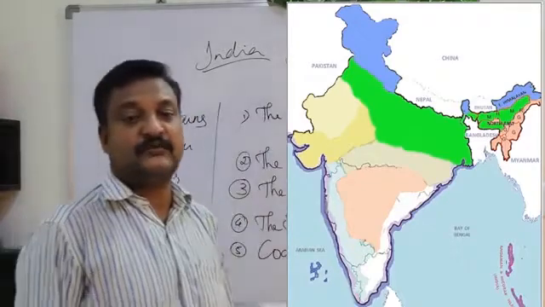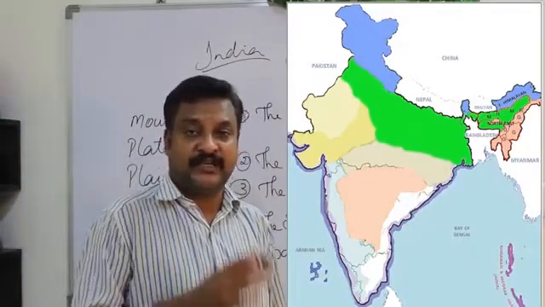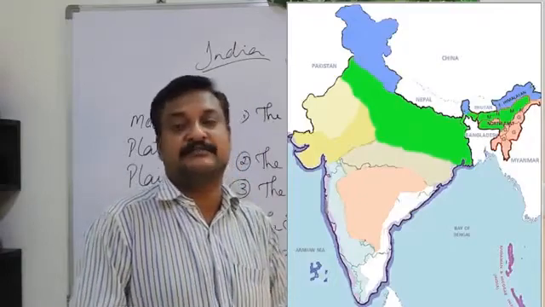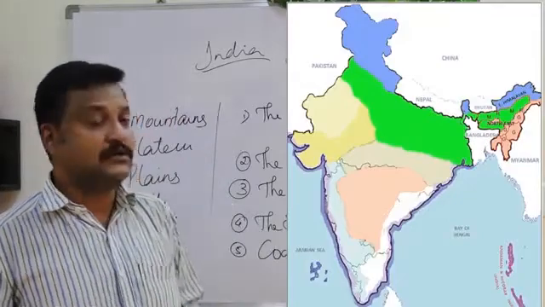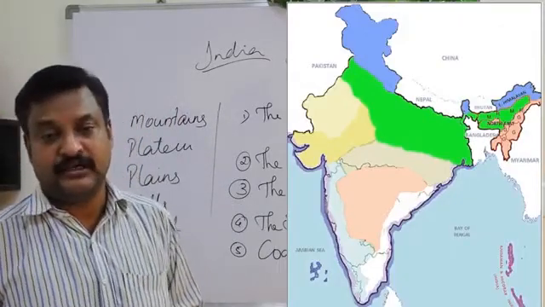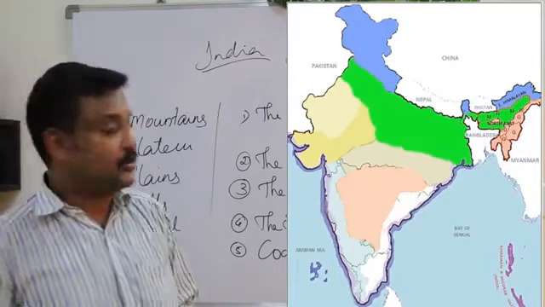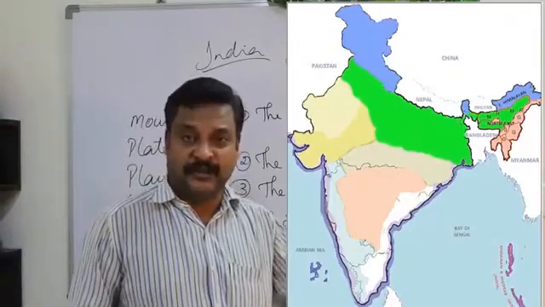So what is the length of the total coastline of India? You can see in the map it's colored differently there. The coastline is 7,500 kilometers long. Okay, so the coastal plain is on the eastern side because of the Bay of Bengal.